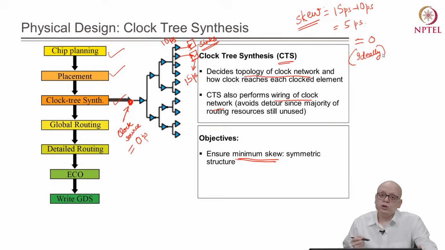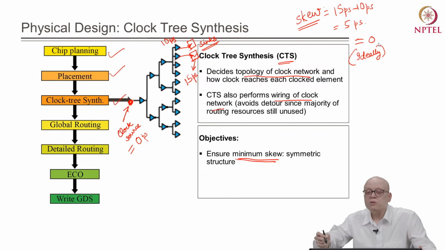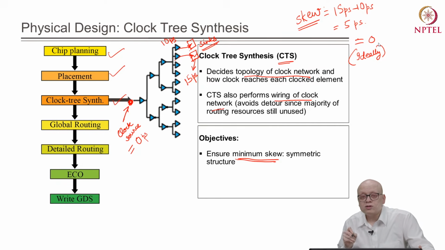So, during physical design we try to make our clock network as ideal as possible, and therefore we need to minimize this clock skew, ideally to 0, but at least the clock tree synthesis tool should try to reduce the skew to as low as possible.